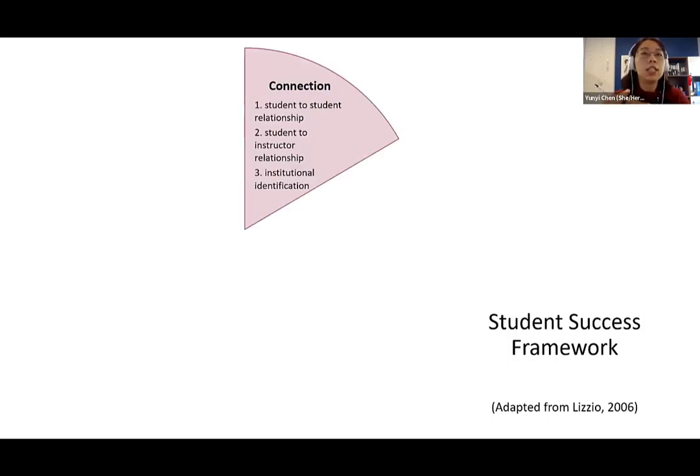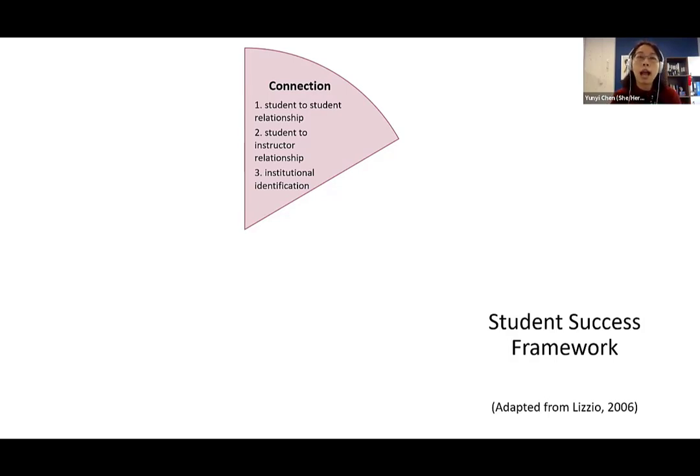This whole model advocates that student success at the university level depends on the development of a few senses. Okay, so first of all, students need to develop a sense of connection, which enables them to experience positive and meaningful relationships with peers, also receive help and support from instructors, and make best use of the university services as well as resources.